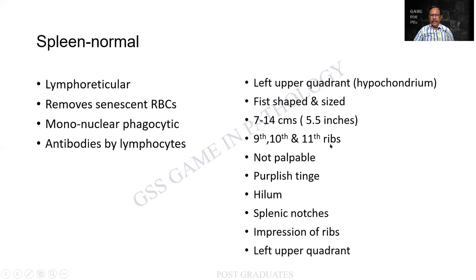These cover the spleen. Normally it is not palpable, it has got a purplish tinge as I had explained. The hilum is a point of entry and exit. Splenic notches can be seen and also the impression of the ridges. Location is left upper outer quadrant.